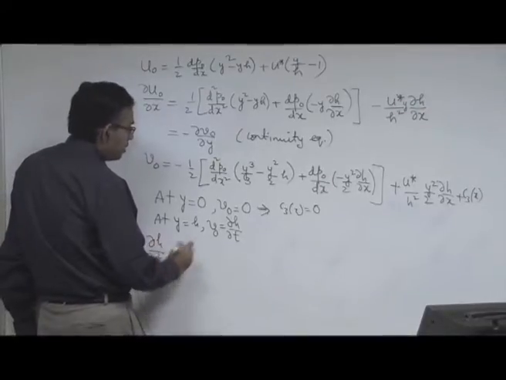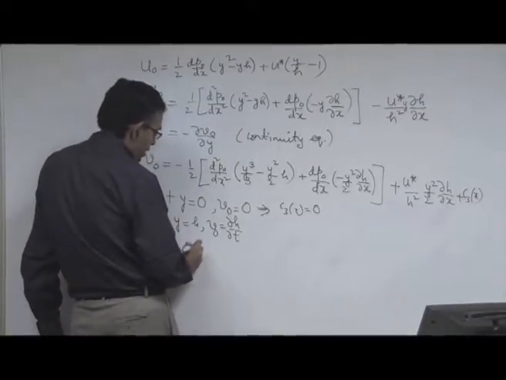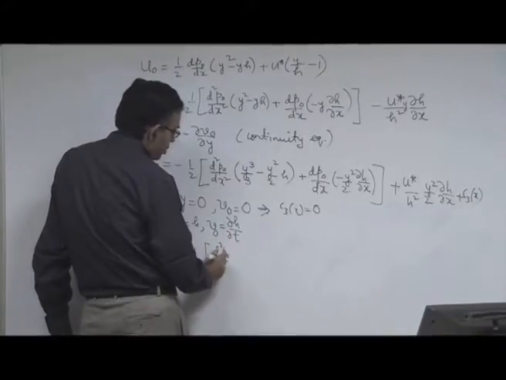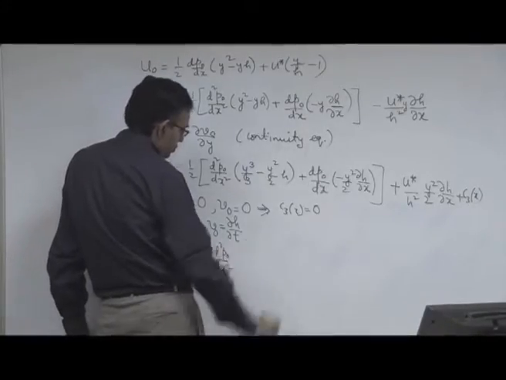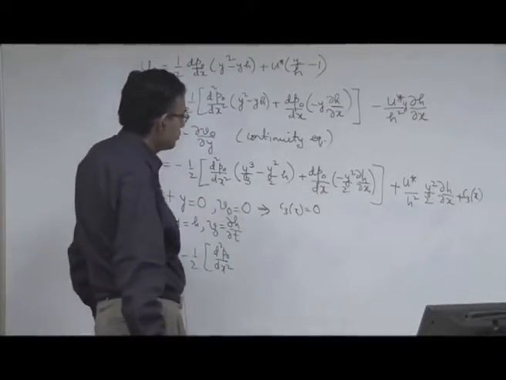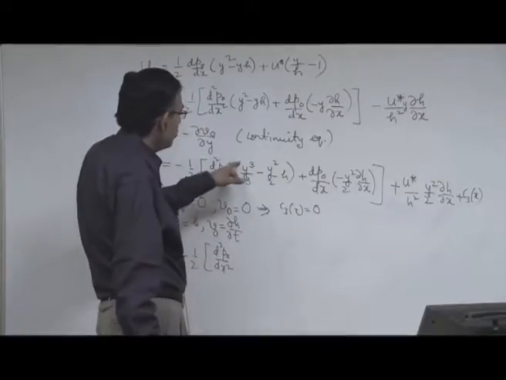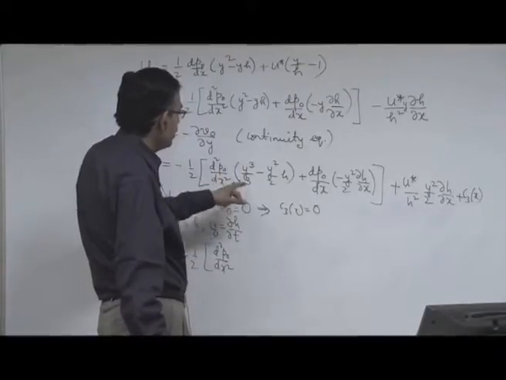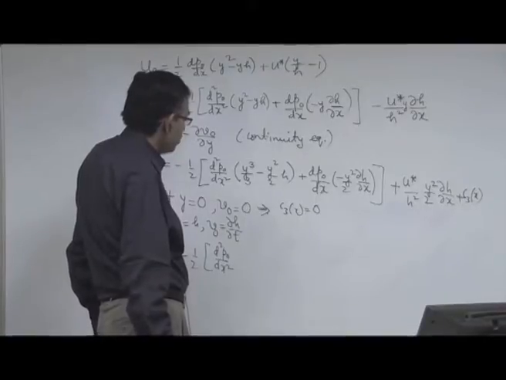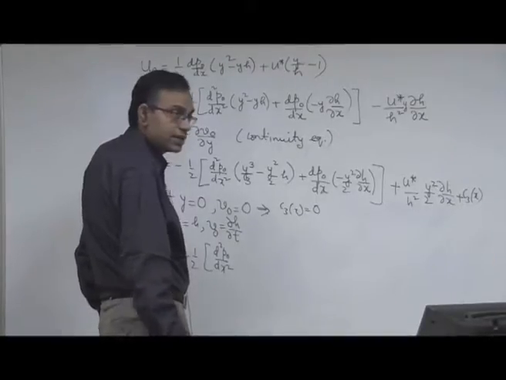is equal to minus half d2p0/dx2, at y equal to h, cube by 3 minus h cube by 2. So, minus h cube by 6.